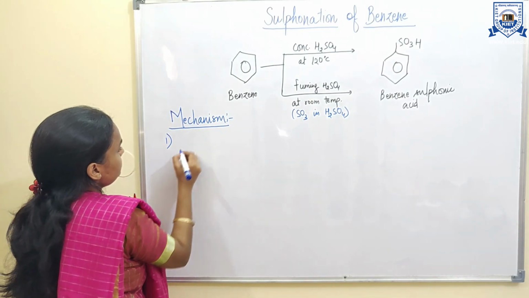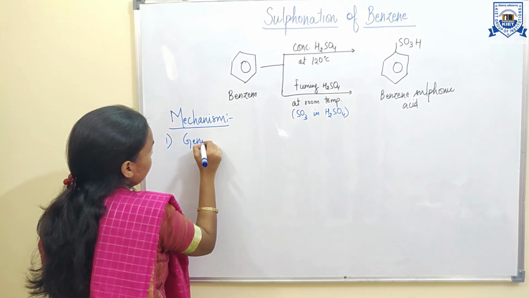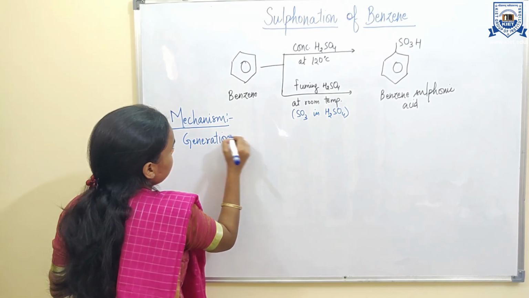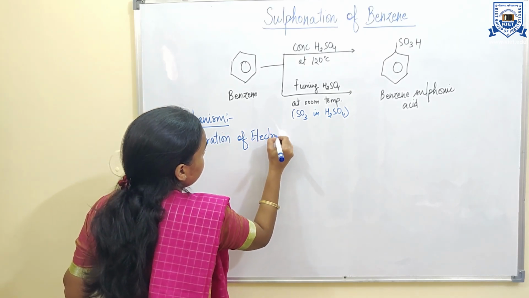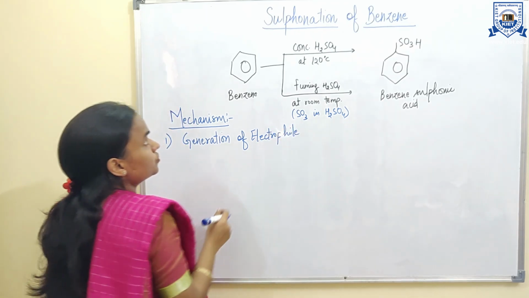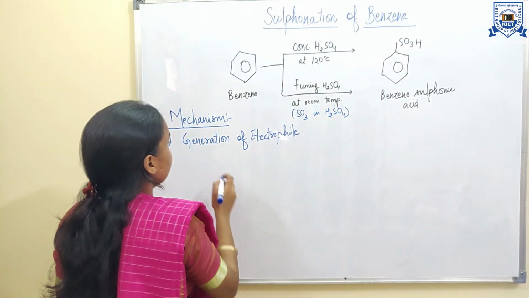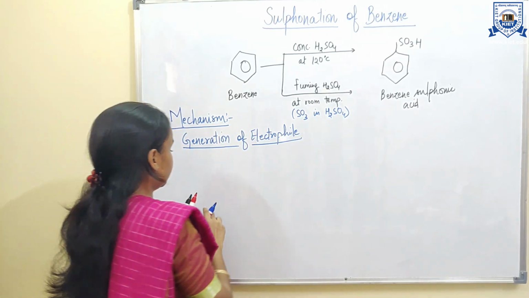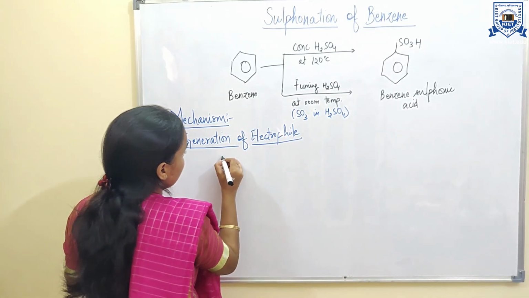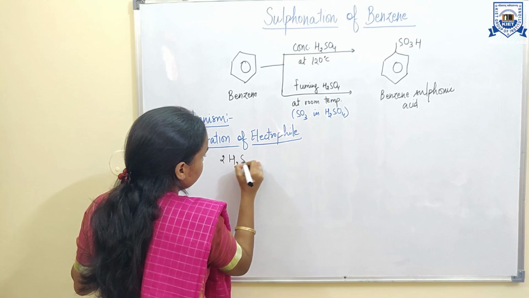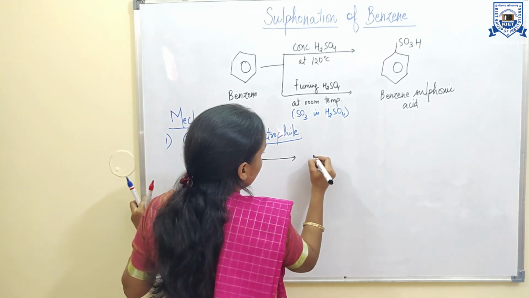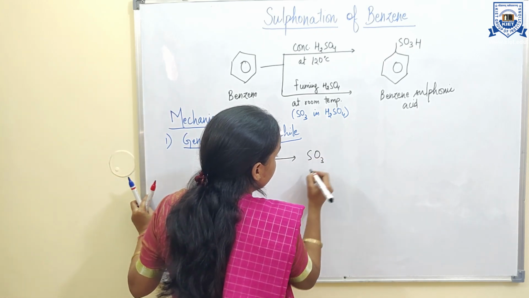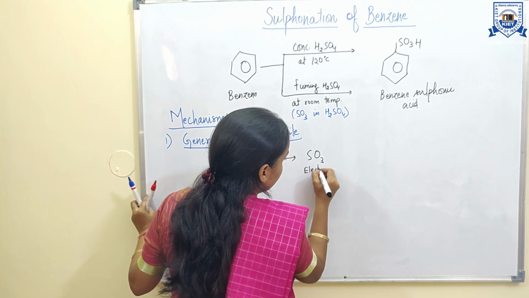The first step is the generation of the electrophile. If we use concentrated sulfuric acid, then there is a need to generate the electrophile. So 2 moles of sulfuric acid on heating form sulfur trioxide as an electrophile.